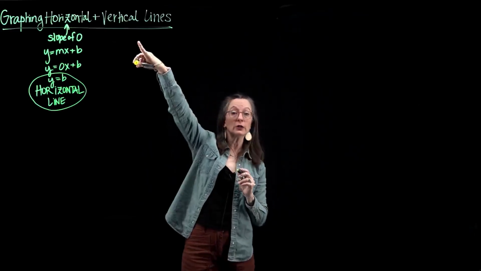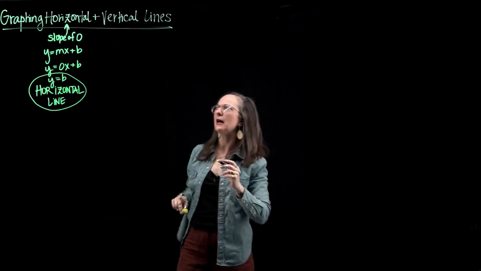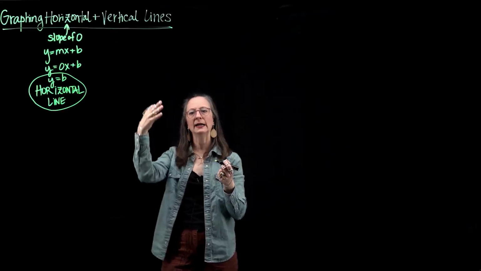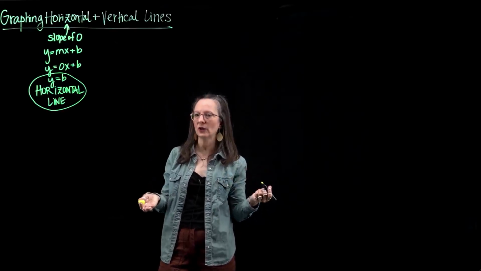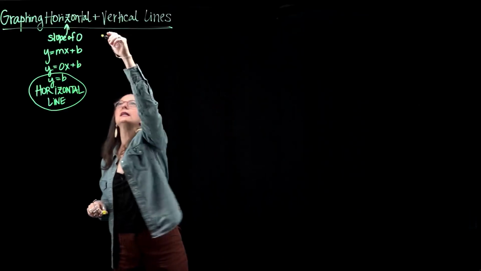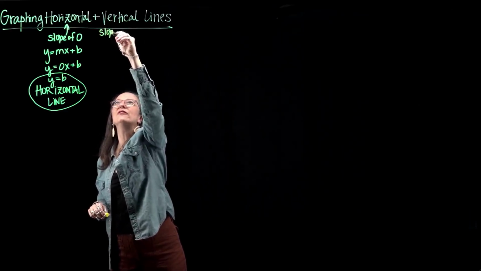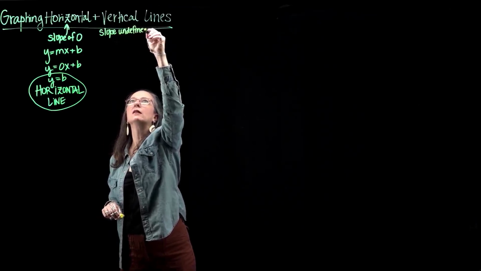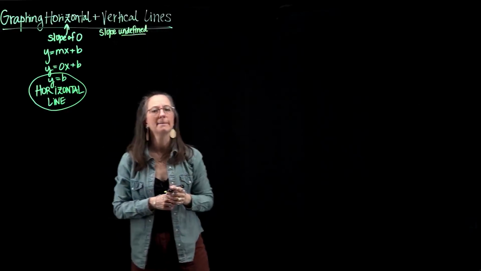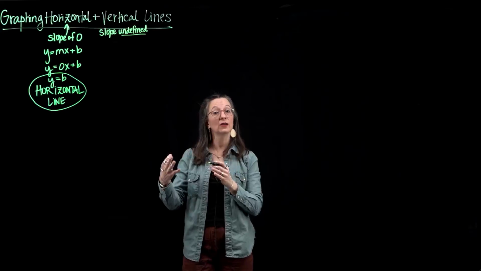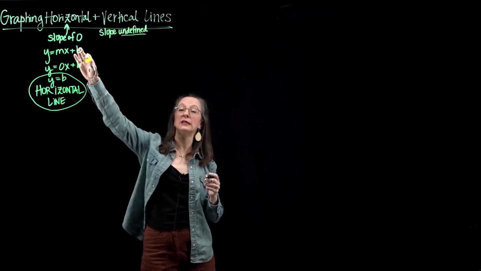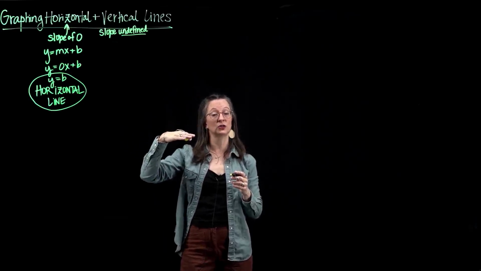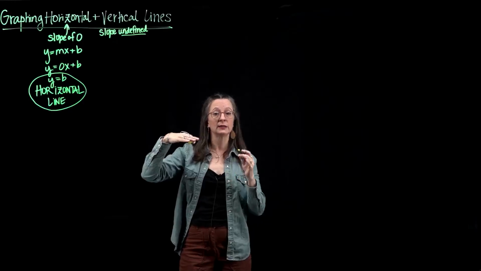All right, vertical lines. Vertical lines are a little bit different. A vertical line doesn't have a slope to it. We say the slope is undefined. In another video, I talked about how a zero slope means that if I set a ball on this horizontal line, it would move 0.